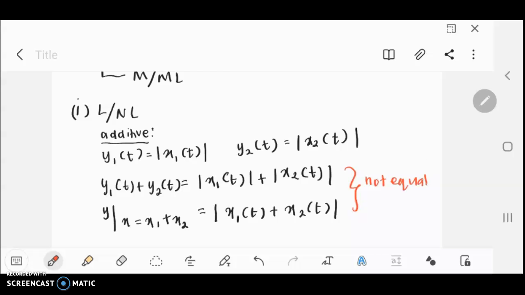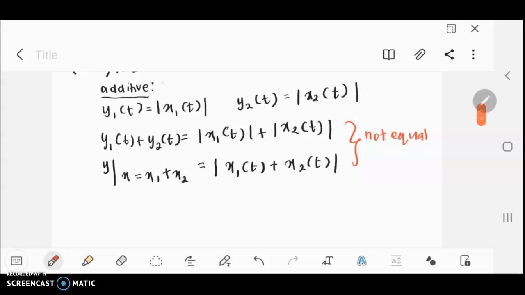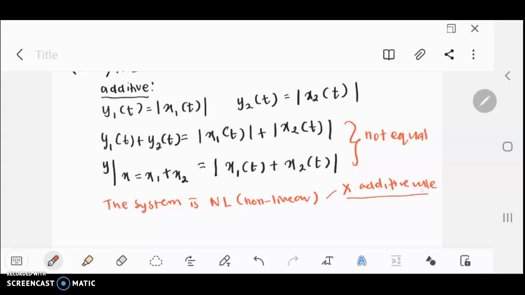Because the additive rule is not equal, the system is non-linear, because the additive rule is broken. The additive rule is not proven, so it is non-linear.